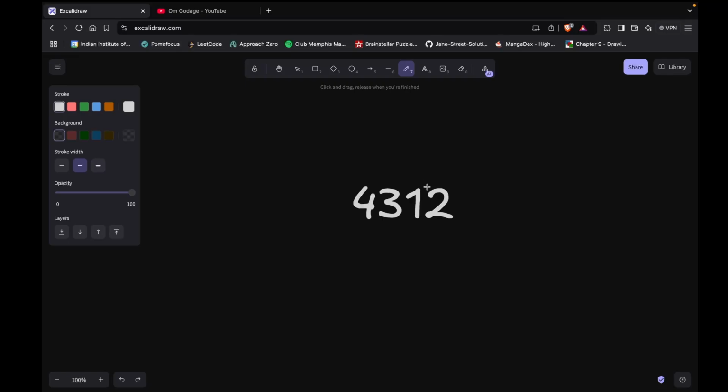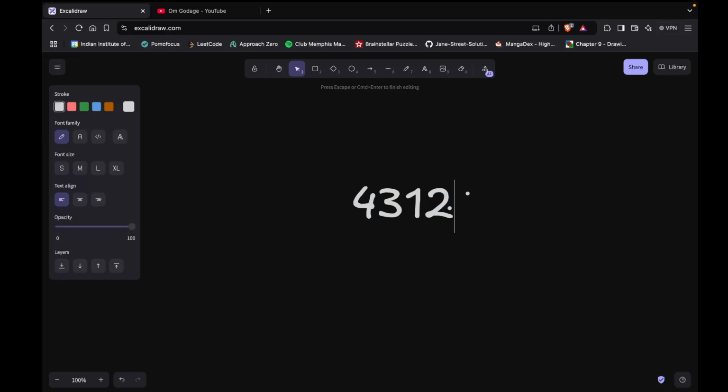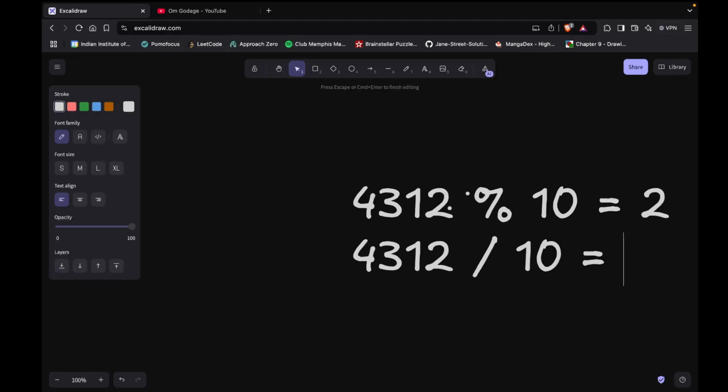So what you do is you take the modulo. You take this modulo 10 and that will give you the last digit, and then you can just do 4312 divided by 10, which will give you 431, and then you keep on doing this over and over.